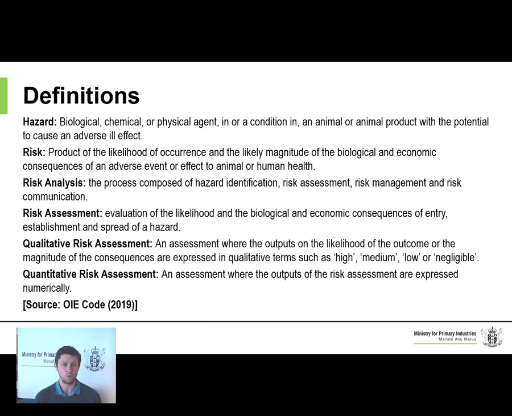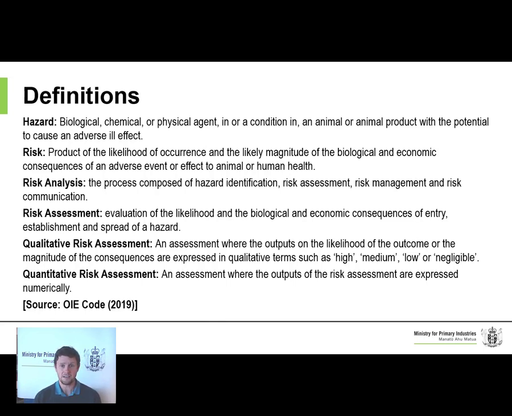Again, we covered this last week, but we're going to reiterate a few of these points today. Risk assessment, probably one of the most pertinent parts of risk analysis, is the evaluation of the likelihood and the biological and economic consequences of entry, establishment and spread of a hazard, and we will use a couple of specific examples today when talking about what a risk assessment might look like.